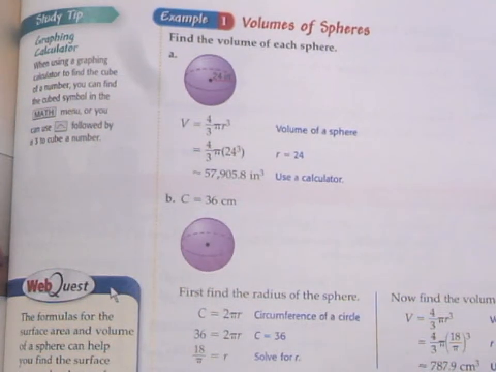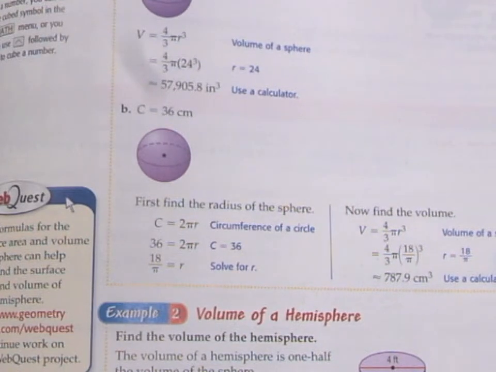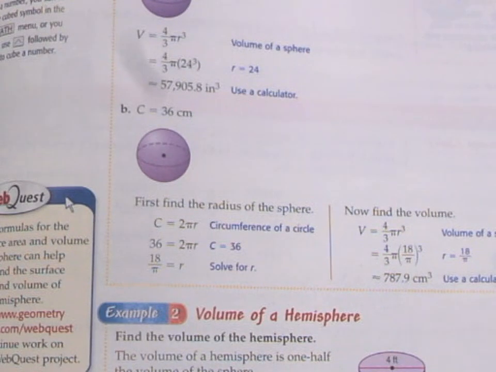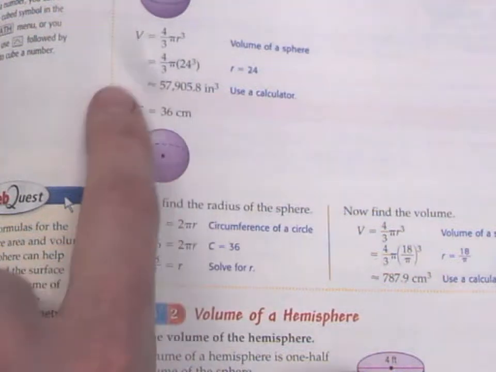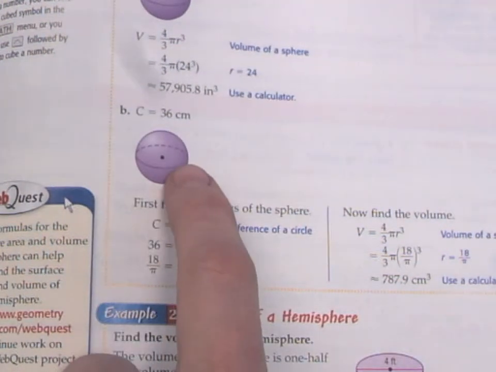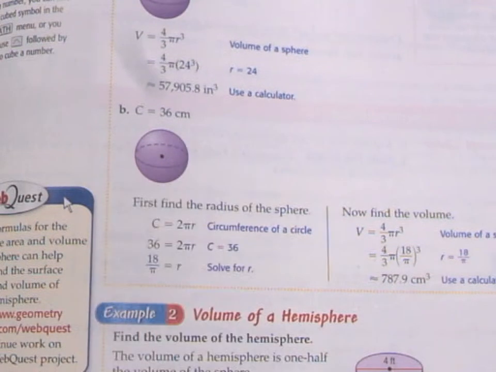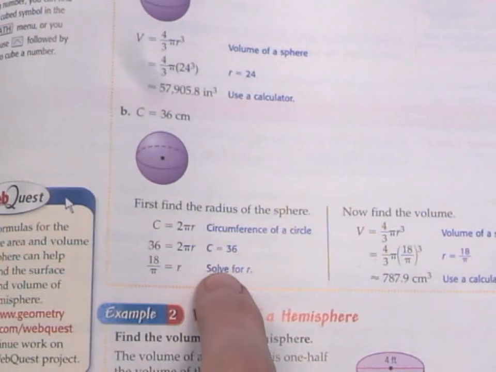No big deal. Sometimes you'll get a sphere where they don't give you the radius, they give you the circumference. So in this case, they're giving you c equals 36 centimeters. So you have the circumference of the great circle, right? That circle drawn inside. And you have to find the radius from that.